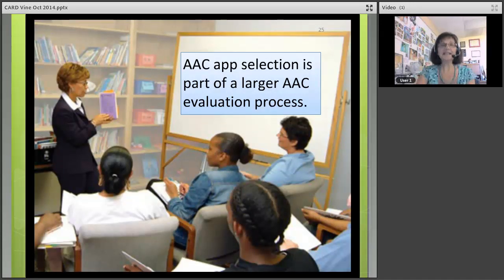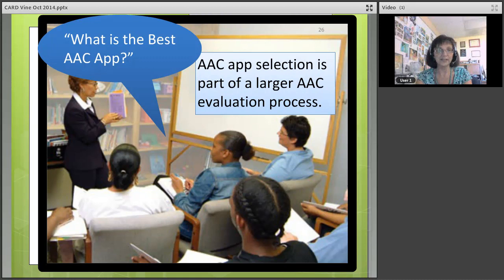All right. So as I said, AAC app selection has to be taken in the context of this larger process of AAC evaluation. We're going to try not to buy the readers from the drugstore, but instead look at each child as an individual and think about what is unique to them and how does that impact our decision, right?